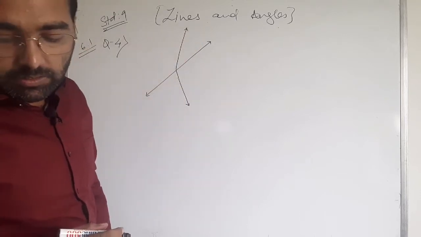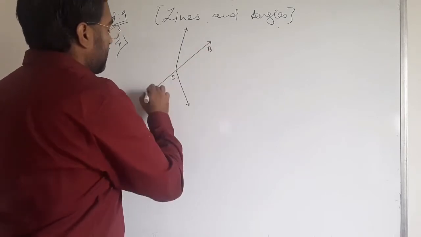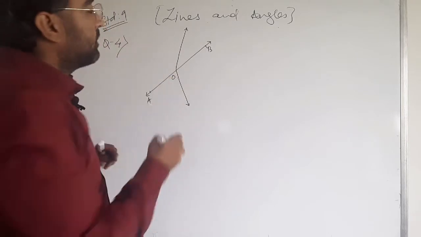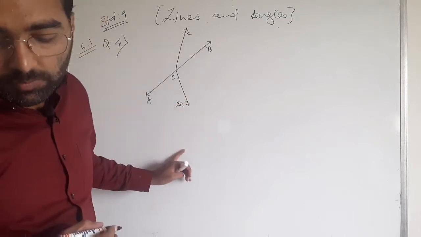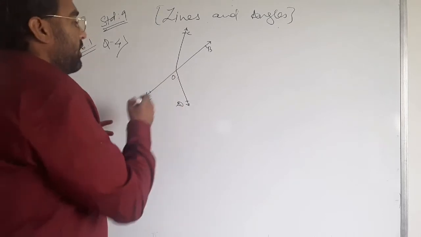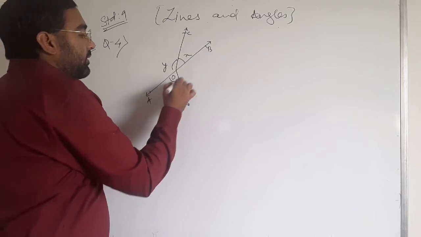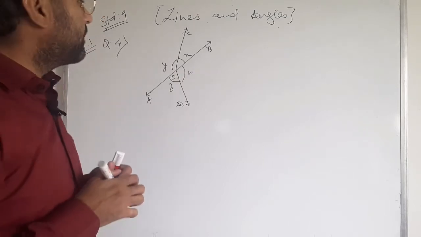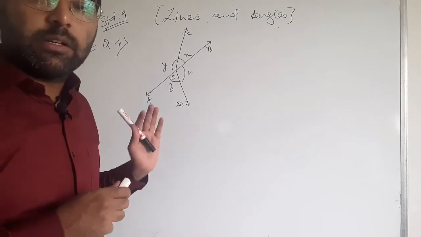Okay, this is the figure: AOB and COD, and in the figure there are x, y, z and w. Now we have to start the proof that AOB is a line.